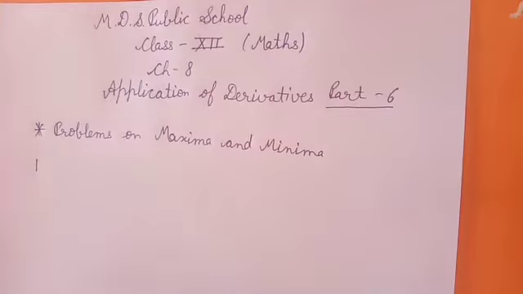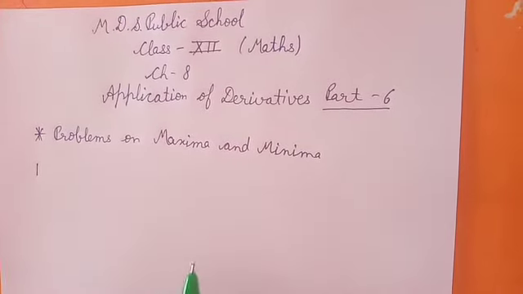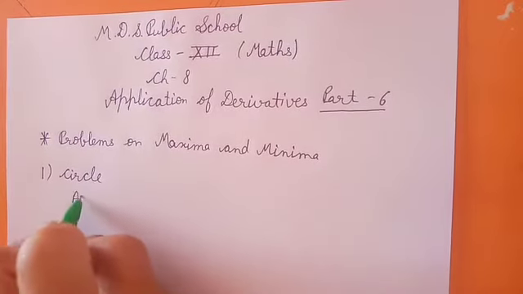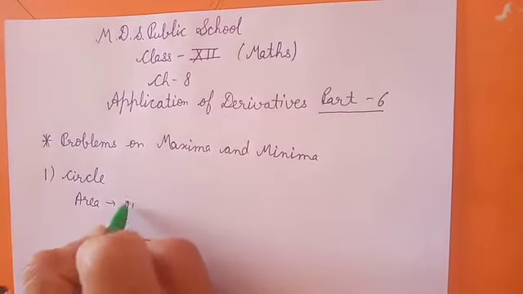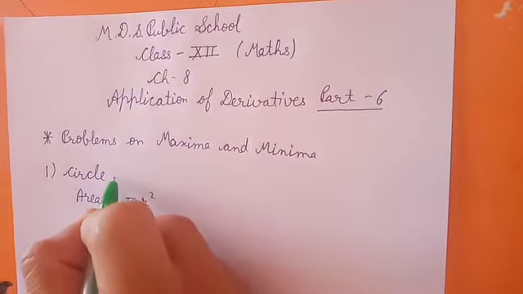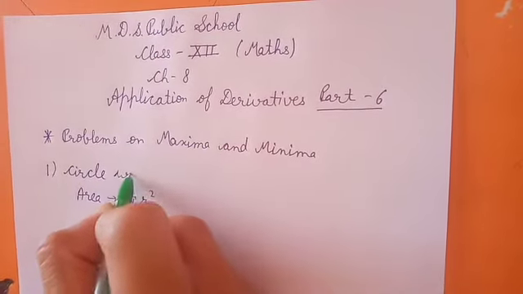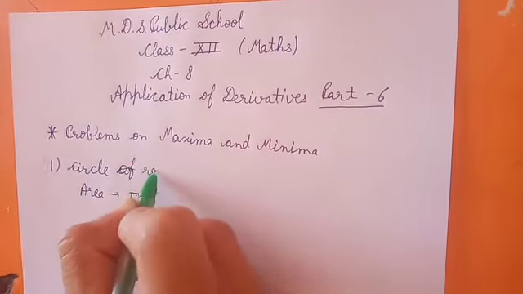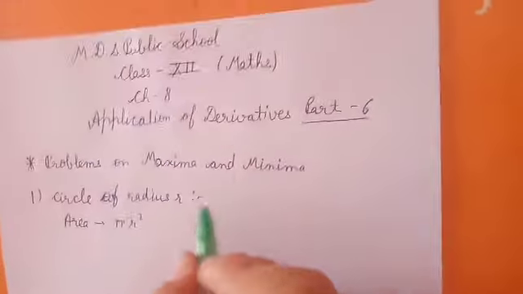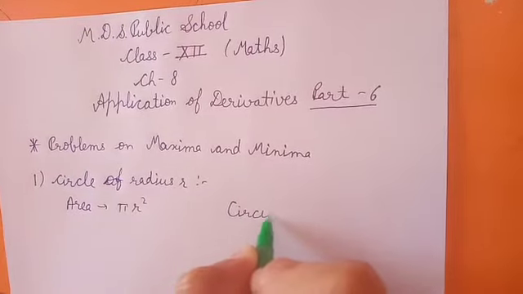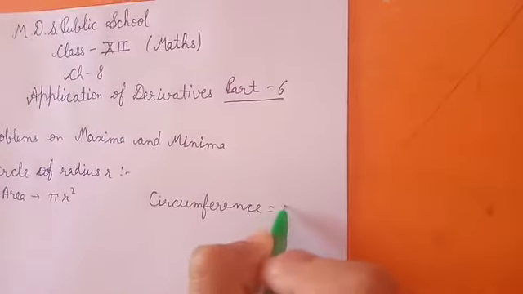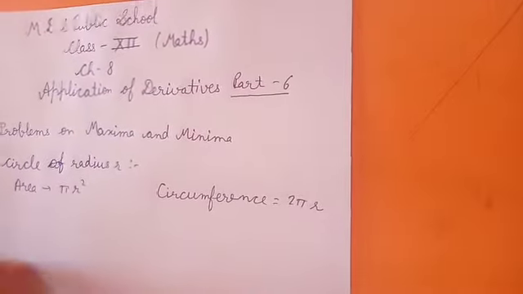So first is on circle. About a circle, we all know its area is pi r square, where r is its radius. Circle of radius r: area will be pi r square and its circumference will be 2 pi r.